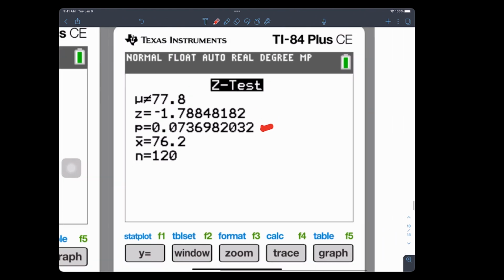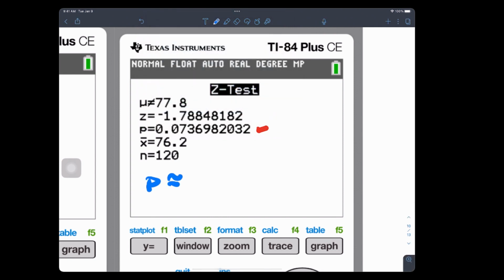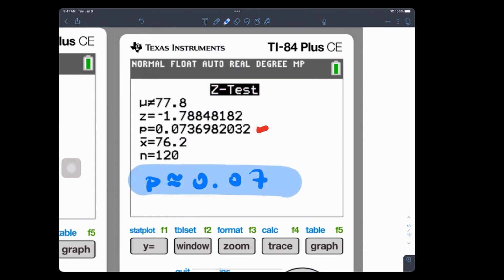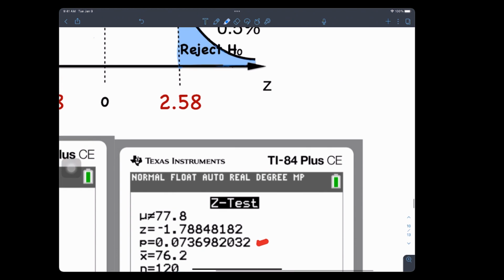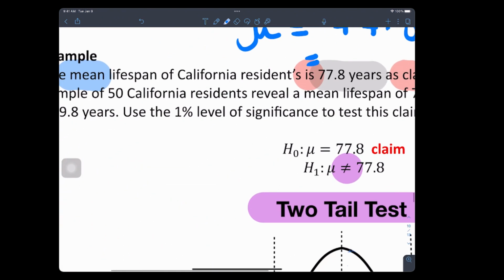The p-value is approximately, to the nearest hundredths, 0.07. Okay? So the level of significance was 1%. We forgot to notate that.